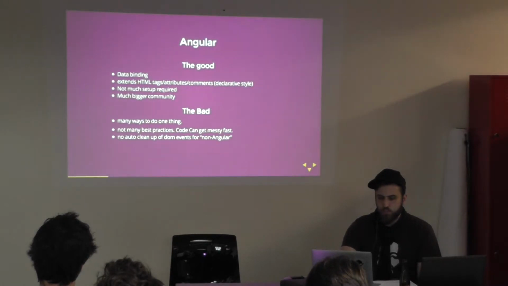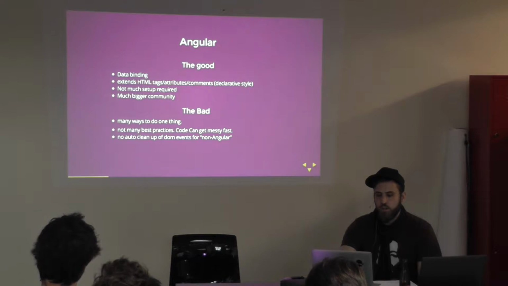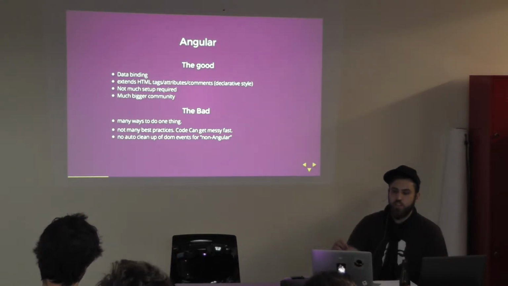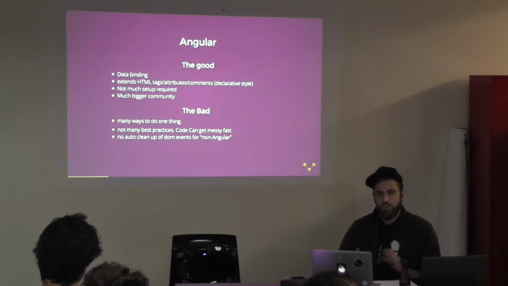So let's start with Angular. I guess many of you have also seen that. What's good is that it does have data bindings. It extends HTML tags with features, so it's like a progressive approach somehow. There's not much setup required, and for sure it has a bigger community than Ember.